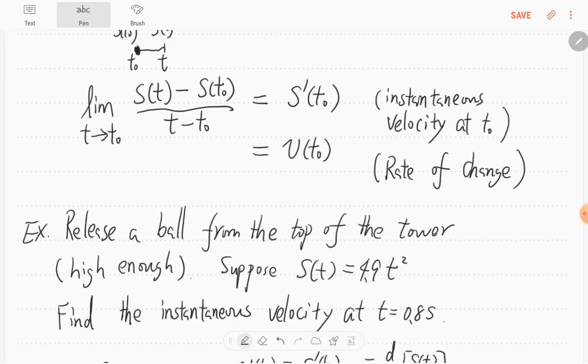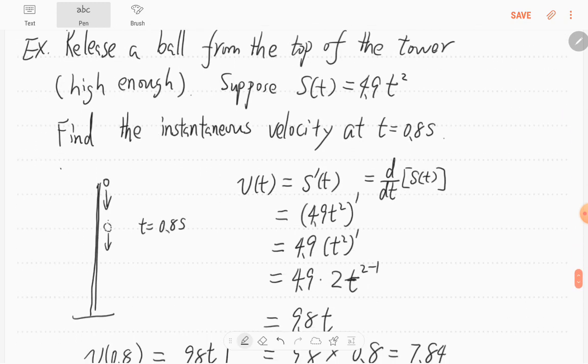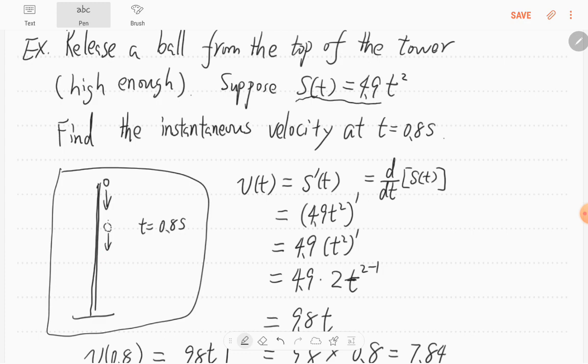So this is the graph, okay. At different moments, you see the ball has a different velocity. We want to know what is the velocity at t equals 0.8 second. So we know the position function is given, which is 4.9 times t squared.